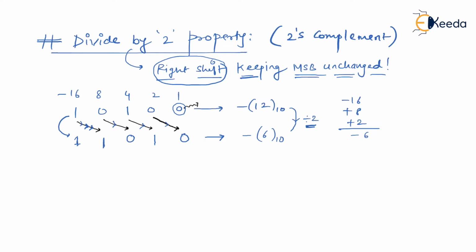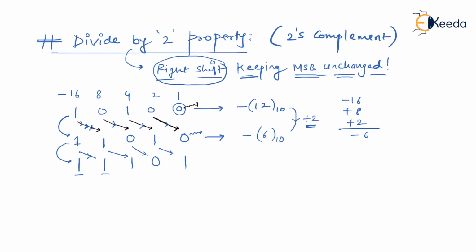Let's have one more right shift, then you will understand it better. If I do one more shift, this MSB gets shifted here, this 1 gets shifted here, this 0 gets shifted here, this 1 gets shifted here, and then this 0 vanishes again, keeping the MSB the same. So let's copy this 1 again over here.